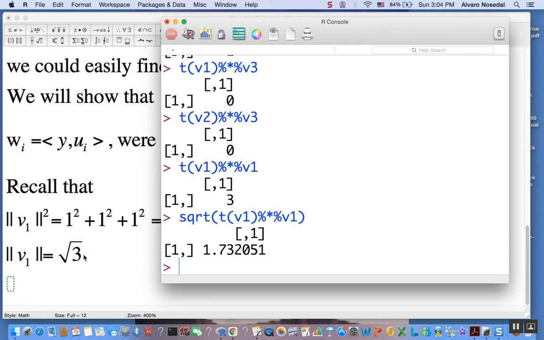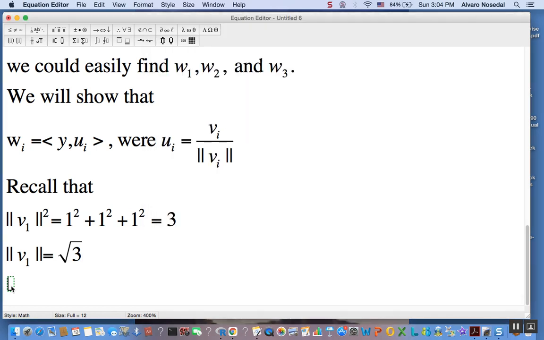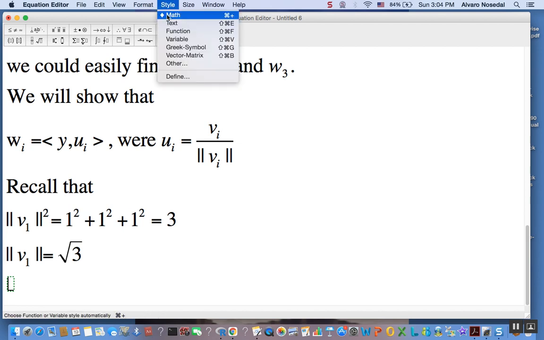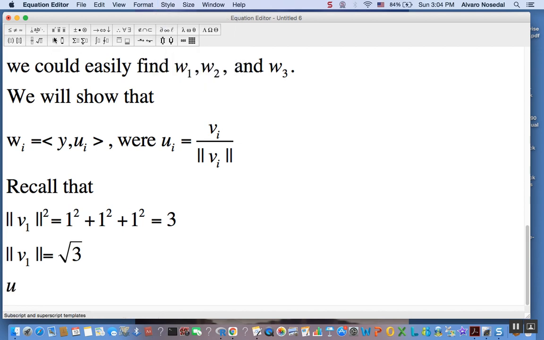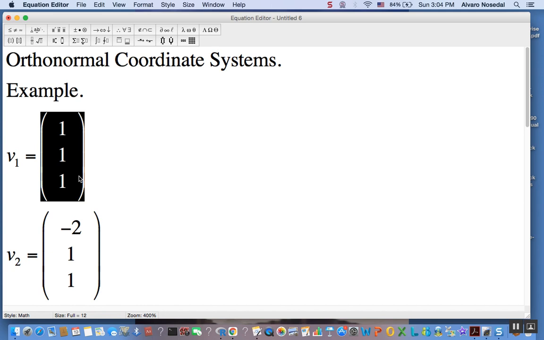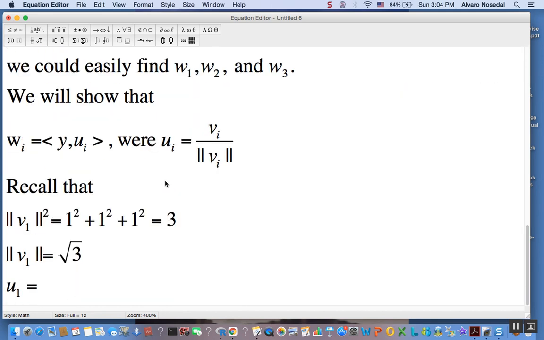So what we're going to be doing is defining u1. u1 would be just v over the square root of 3, right? So let me write it down like that.